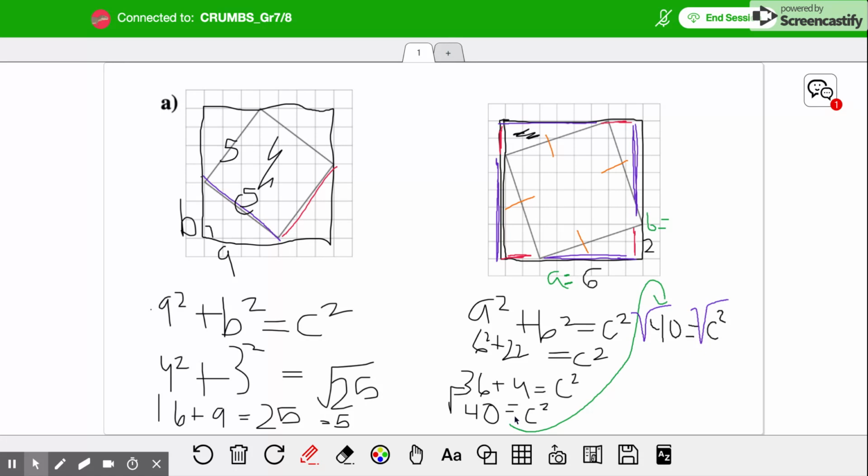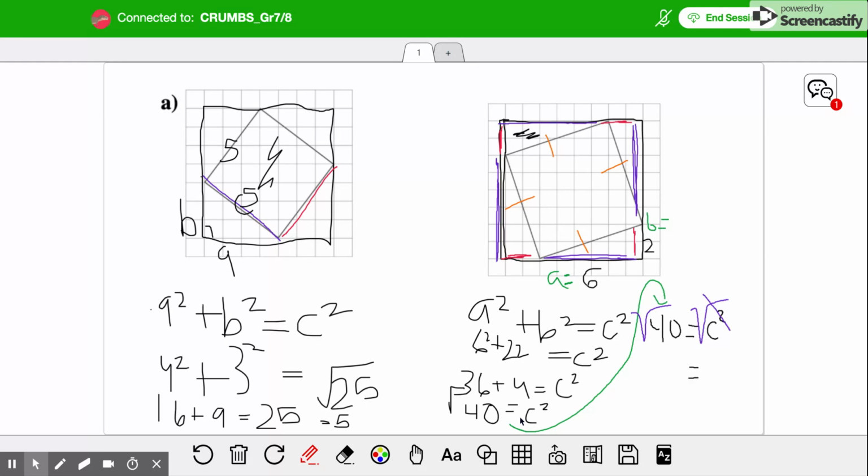If you square something, you get rid of that by square rooting it, because every math operation has an opposite to undo what you did. Here you want the final answer of what C is, but C is squared. So to get rid of that square, you square root it. And because I need to square root the right, I have to square root the left. Then I'm going to scratch this off, because the square root and the square cancel each other out.